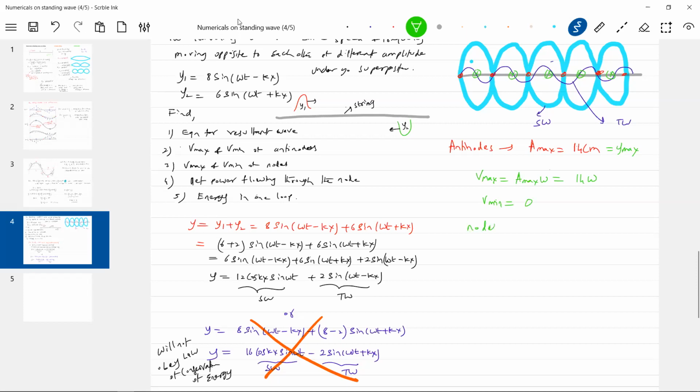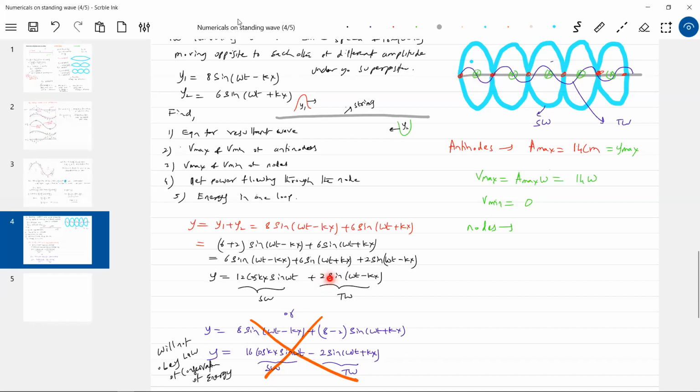Similarly, let's come to node. What is the maximum displacement of node? Anybody wants to answer? Due to standing wave, it will be 0. But along with the standing wave, a traveling wave is also set up, no? And we know when a traveling wave moves on a string, all points on a string should vibrate. Then what is the maximum displacement of a point on a string due to traveling wave? Equal to the amplitude of traveling wave.